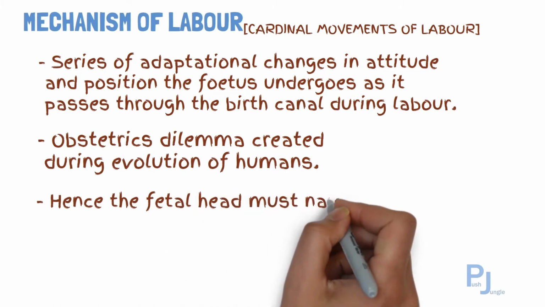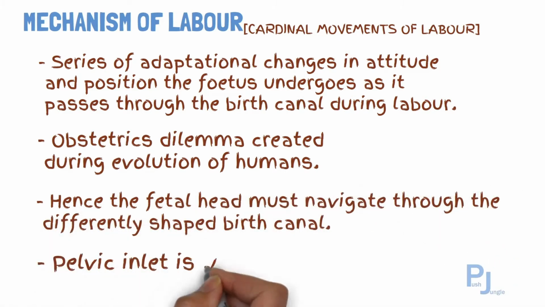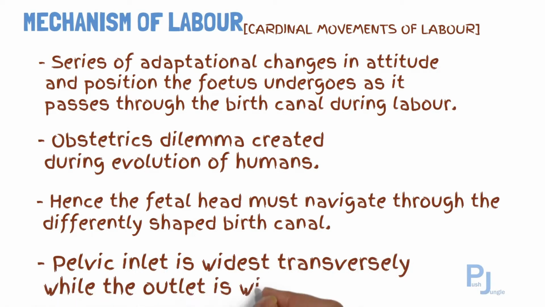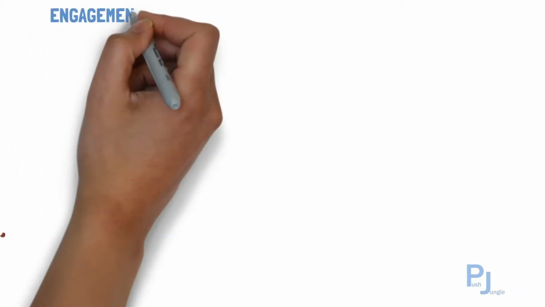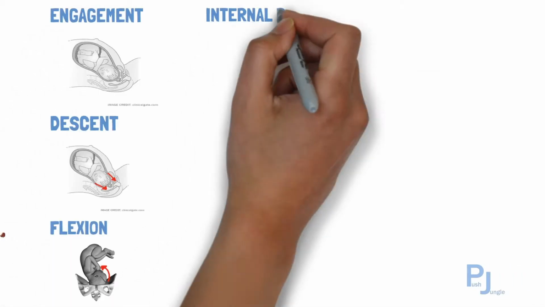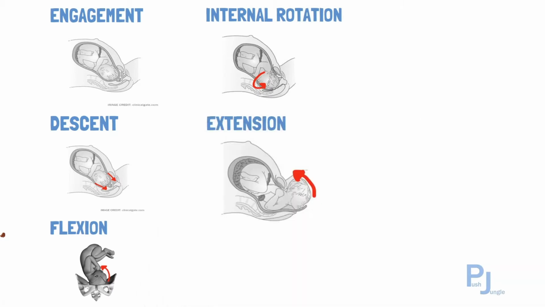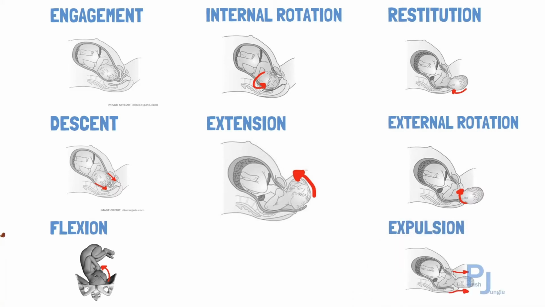Hence, the fetal head must navigate through a differently shaped birth canal. Pelvic inlet is widest transversely, while the outlet is widest anteroposteriorly. These mechanisms include engagement, descent, flexion, internal rotation, extension, restitution, external rotation, and expulsion.